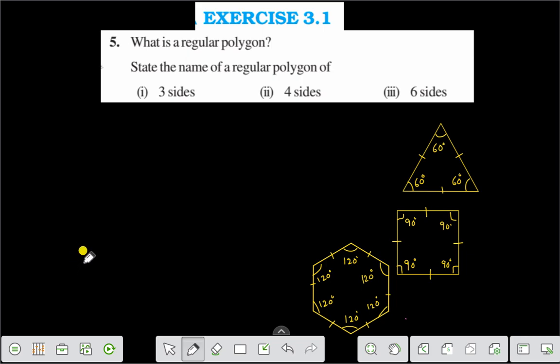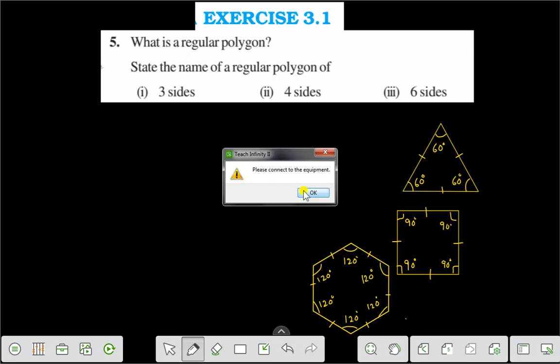A polygon with equal sides and equal angles is called a regular polygon.